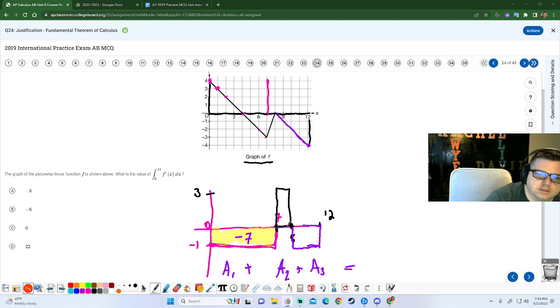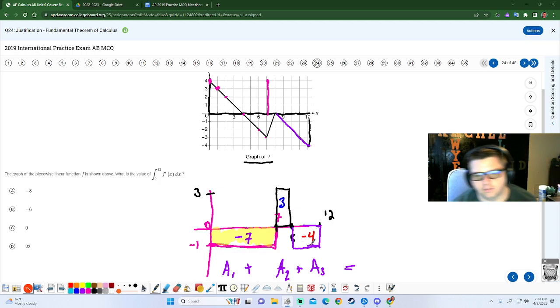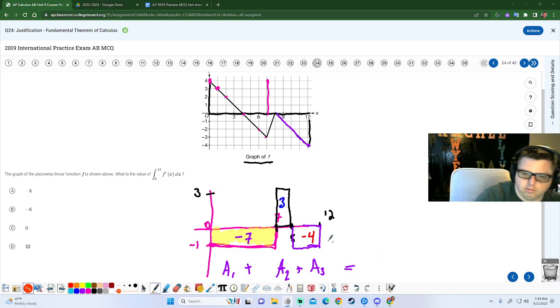So the width of this is 1, the height is 3. 1 times 3 becomes 3, my area for A2. And then A3, we're going from 12 to 8, so that is a 4, and 4 times -1 again would be -4. So when we add these together, we've got -7, -4, and +3. So that, at the end of the day, will give us -8.